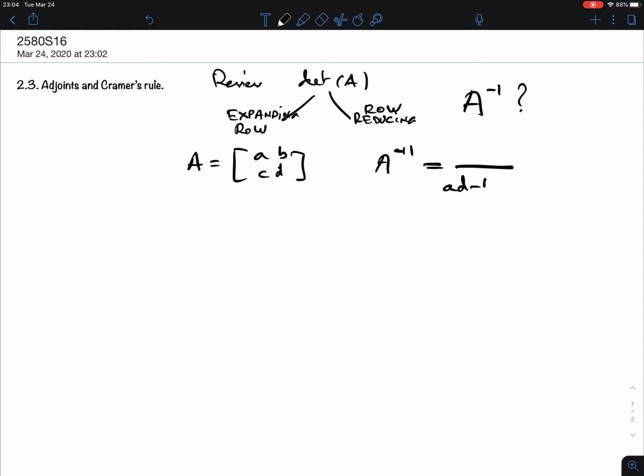That was AD minus BC, but we now have given this a name, right? This is what we call the determinant of A. That was the factor. And then we did something weird here. What we did was we exchanged some numbers. We exchanged these two numbers, so we would have D and A here. And then these two numbers, the off diagonals, are in the same spot, but with a negative sign. So that's how we calculate that.